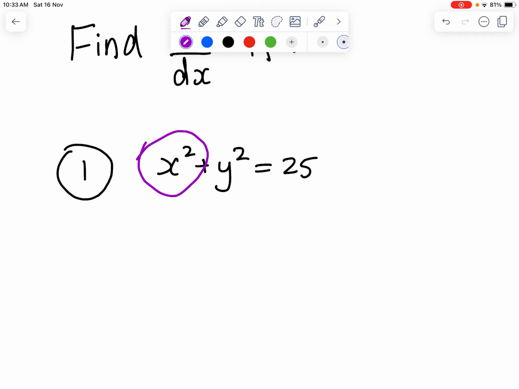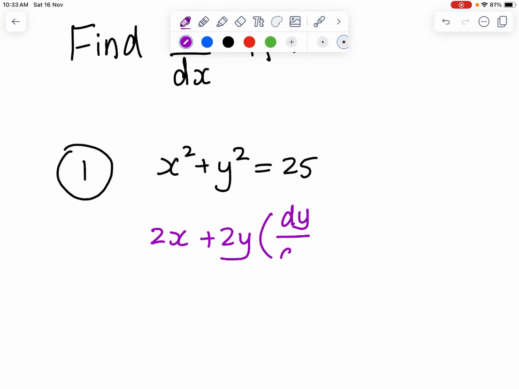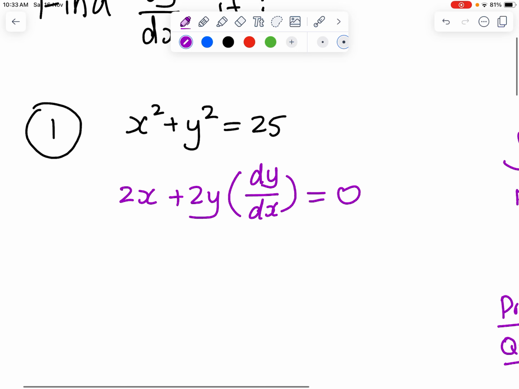First off, what is the derivative of x squared? It is 2x, and y squared is going to be 2y. But because this is not in terms of x, we must always multiply by dy by dx when we find the derivative of y. And the derivative of 25 is 0 because 25 is a constant number.